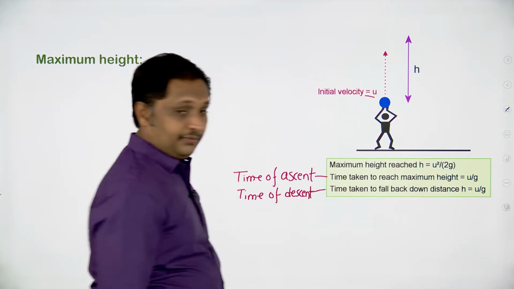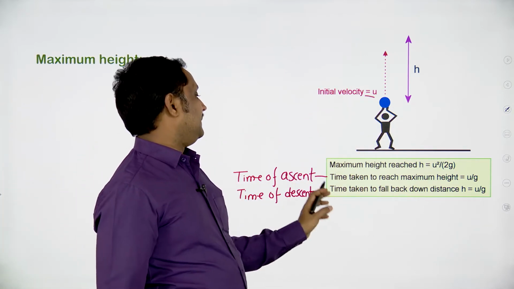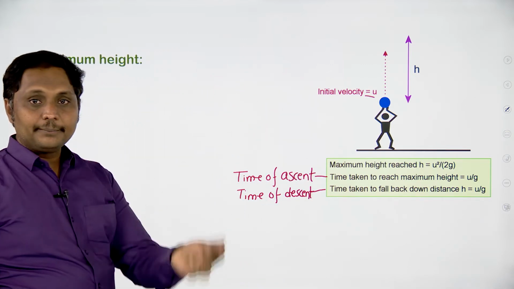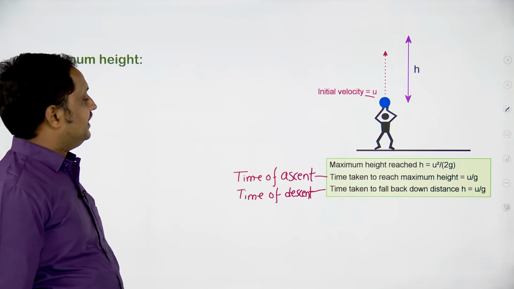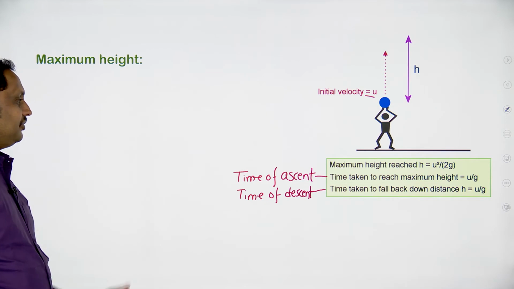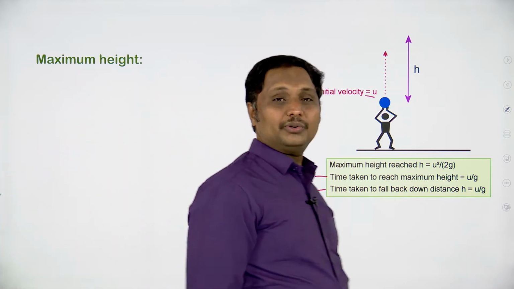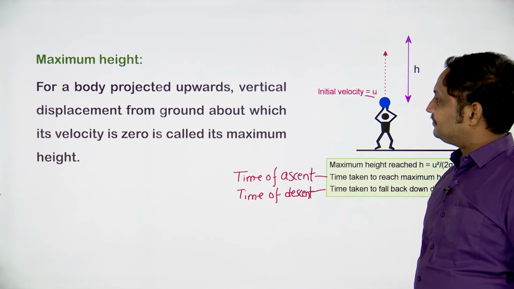Time taken to fall back down to the same point where it has been projected from. You have to see that time of ascent is equal to time of descent. We would like to get this expression also.